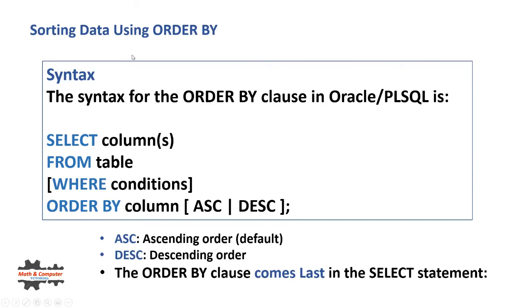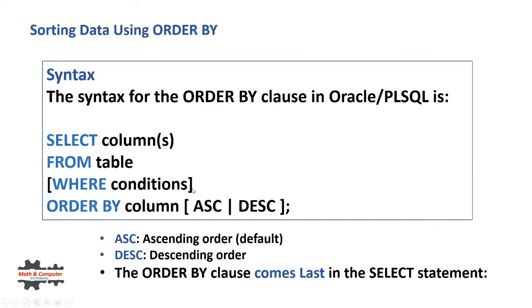Syntax. This is the syntax to use the ORDER BY clause. It starts with the SELECT statement, so SELECT column, where you identify the column's name. FROM table, so type the table's name where the data is located. And you can see you have the WHERE clause, or WHERE conditions.